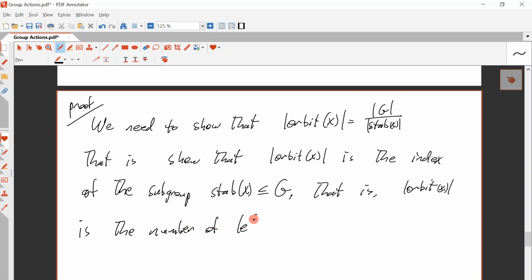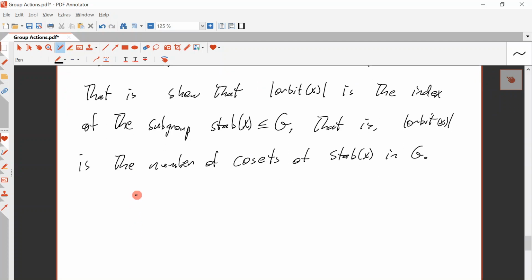We'll do left cosets. Just cosets, doesn't matter, left or right. Cosets of stabilizer x in G. Right? So somehow the elements of the orbit must represent the cosets of the stabilizer.